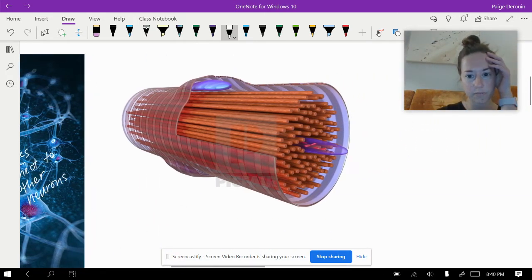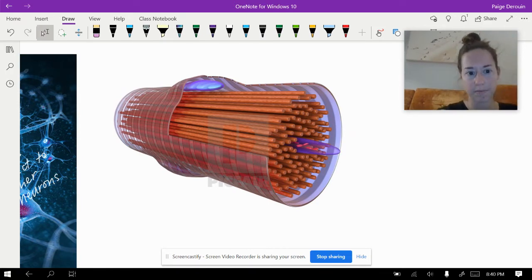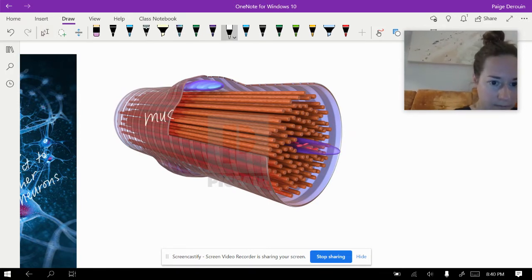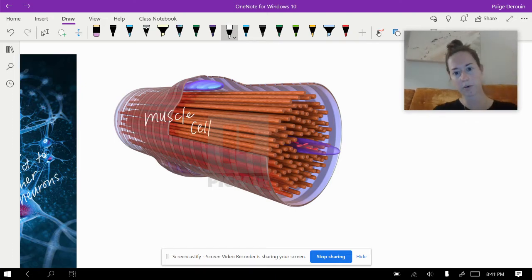Next is a muscle cell. This muscle cell is made of tons of protein fibers that allow the muscle to contract and expand.